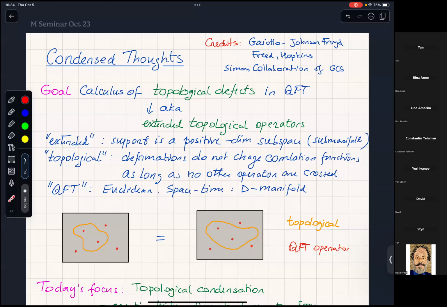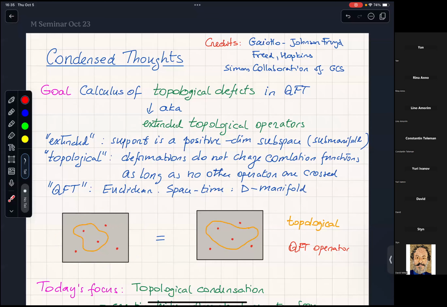Okay, so what do we mean by extended topological operators? Well, first we have a QFT which lives in this space, Euclidean space-time, this gray block. And we use local operators in QFT living at points, and maybe smearing them by integrating them out over some submanifold, but they start living on points.